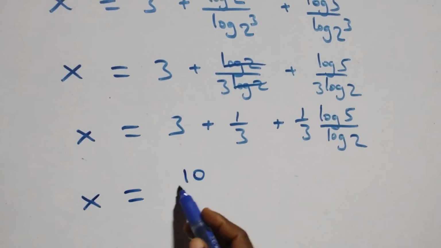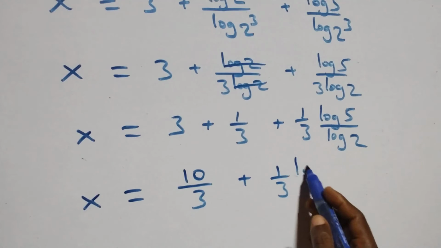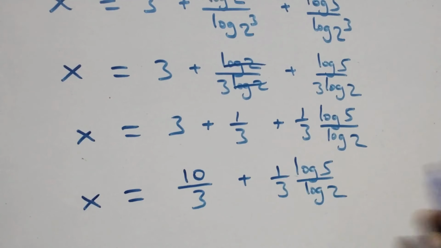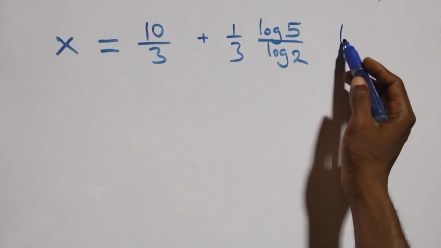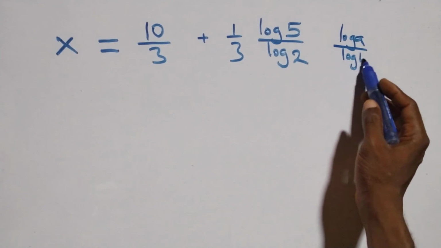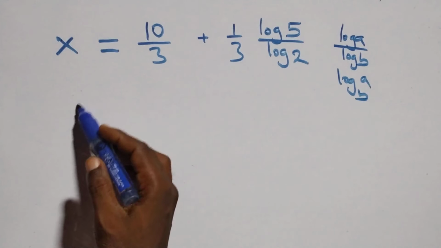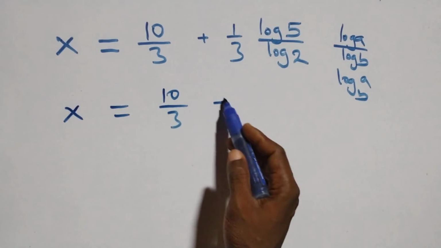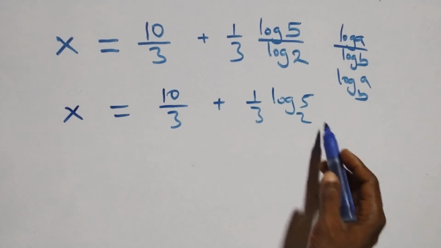You can write it as 10 over 3 plus 1 over 3 log 5 over log 2. That is, here we apply change of base: when we have log a over log b, this is the same thing as log a to base b. That is, here we have x equals 10 over 3 plus 1 over 3 log 5 base 2.